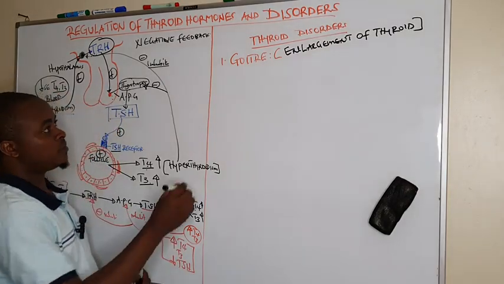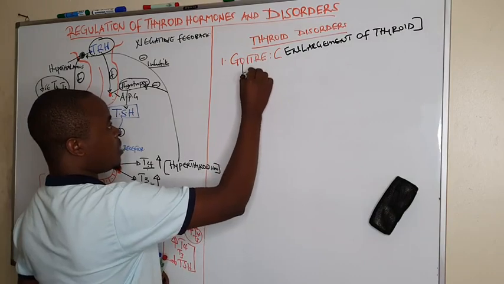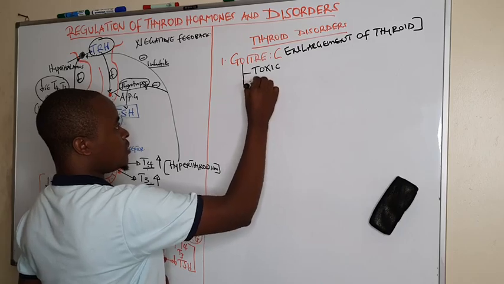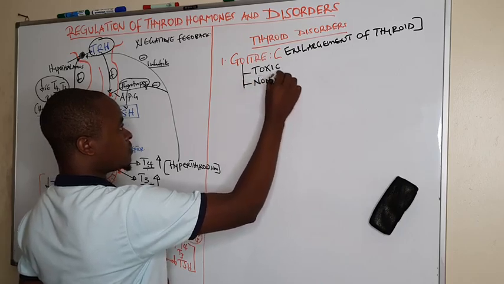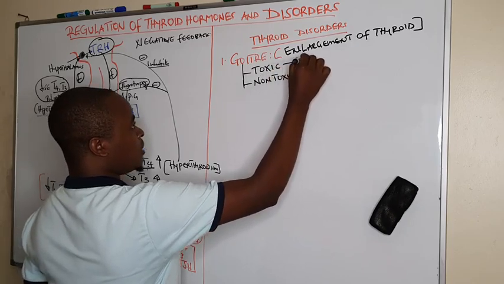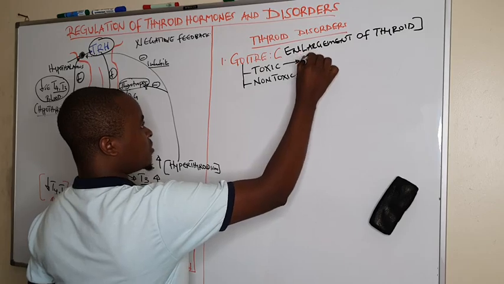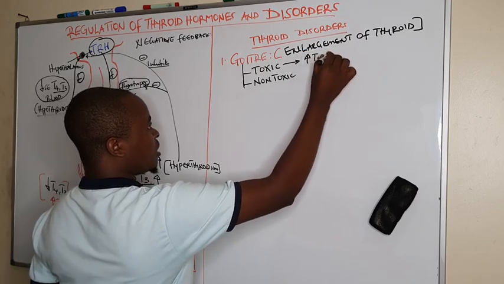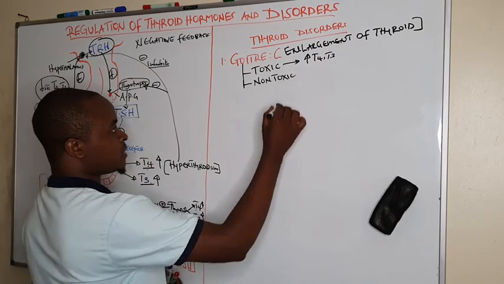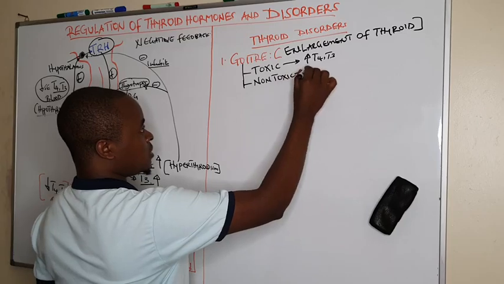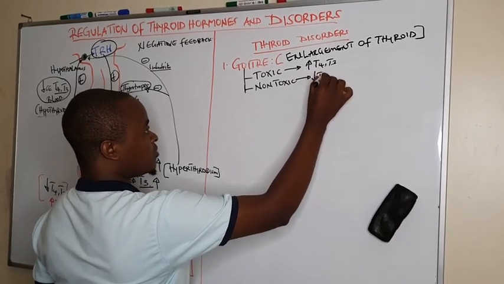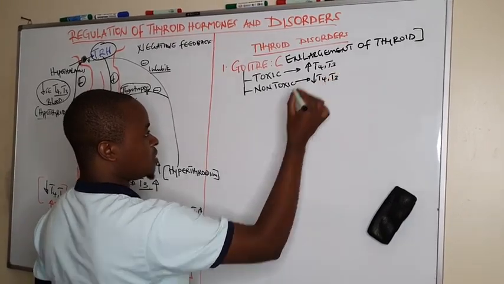And this goiter can be either toxic goiter or non-toxic, whereby toxic goiter is accompanied with high levels of T4 and T3, whereas non-toxic is accompanied with low levels of T4 and T3.